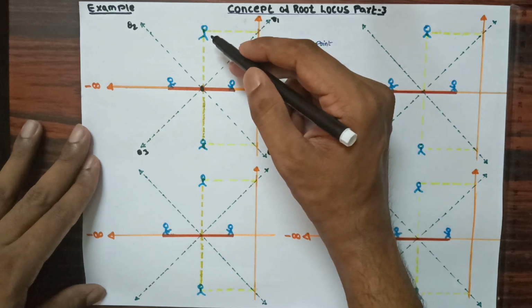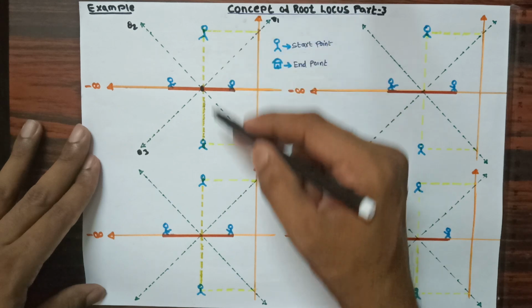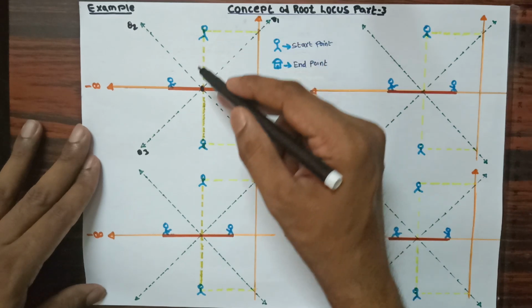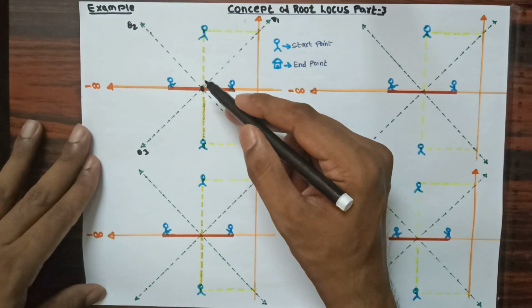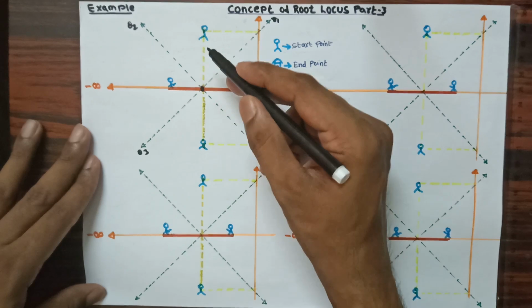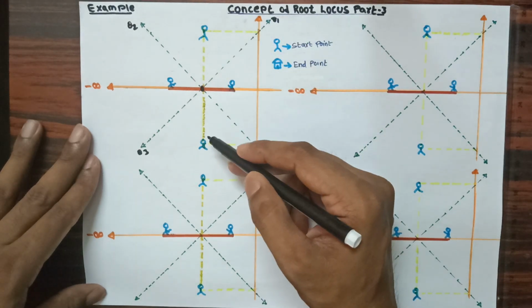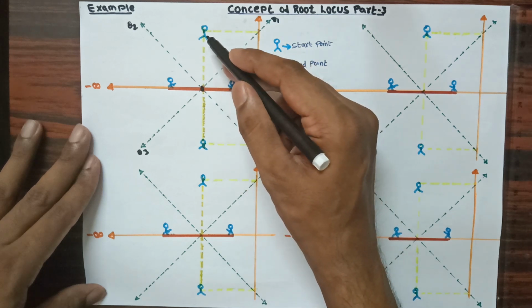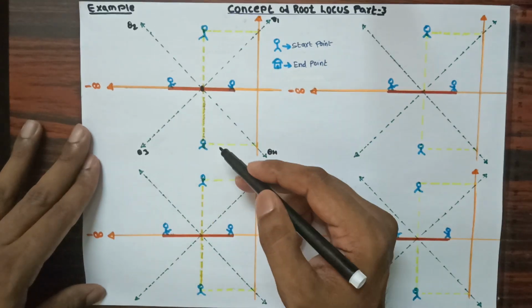So you have to make a note that if the person is on the y-axis, first they need to start with a given angle, then they need to follow the angle to move towards the infinite destination. That is the condition for these 2 persons. That means these 2 persons on the y-axis are going to follow 2 angles: the first angle to start from their position and the second angle to move towards the infinite destination.